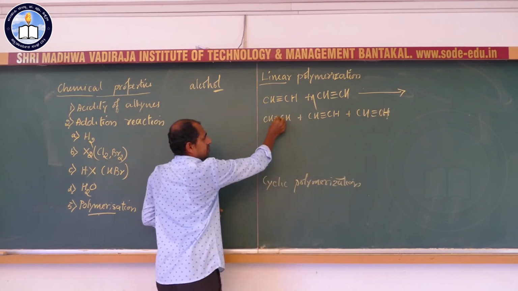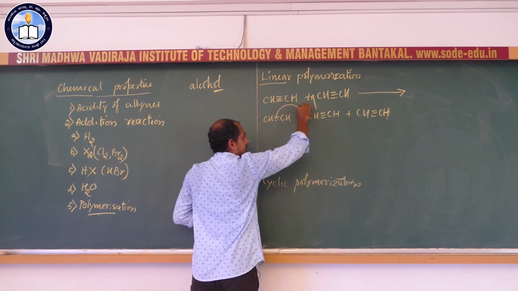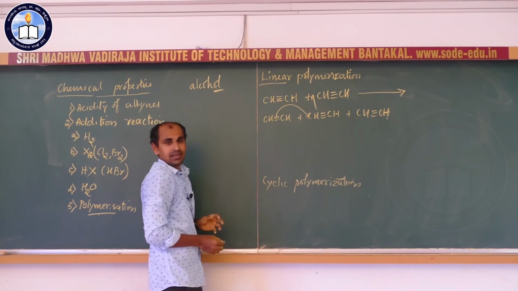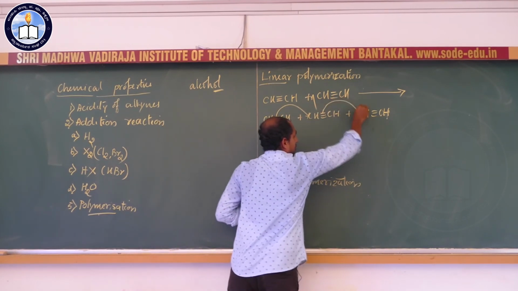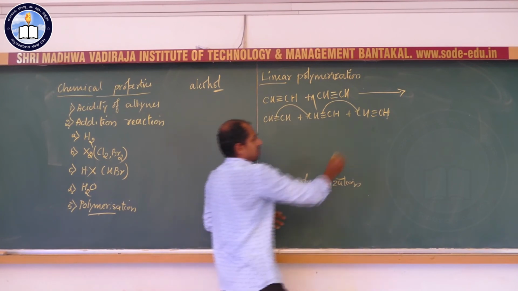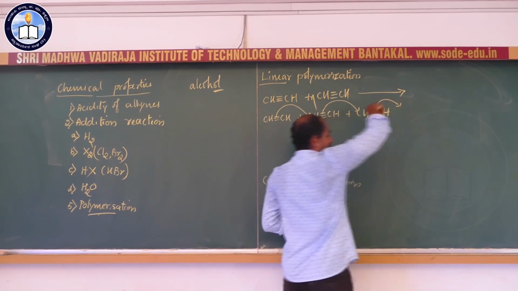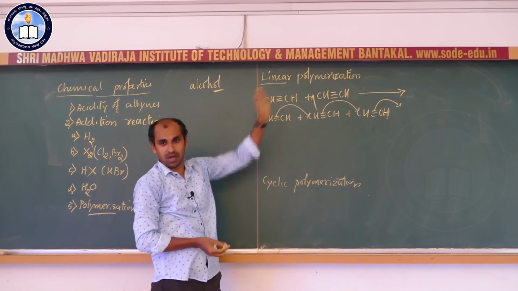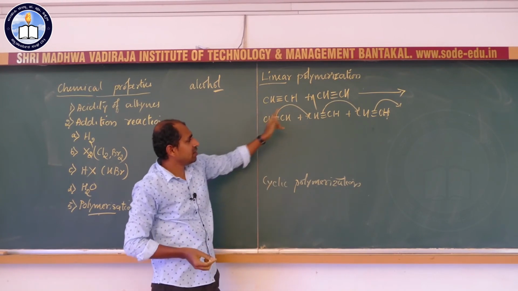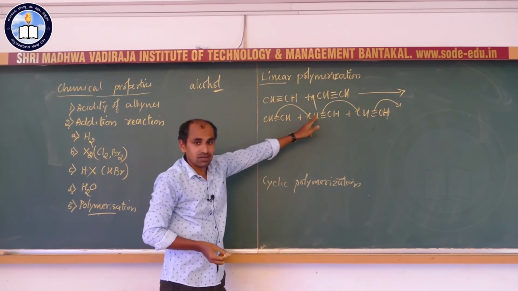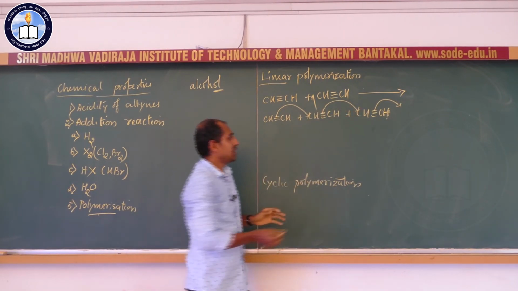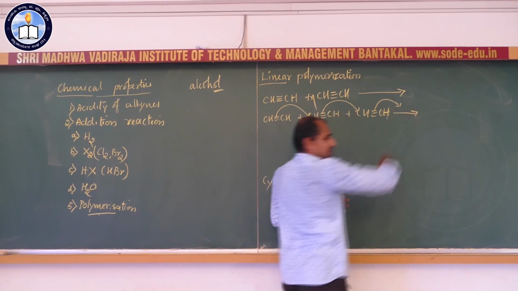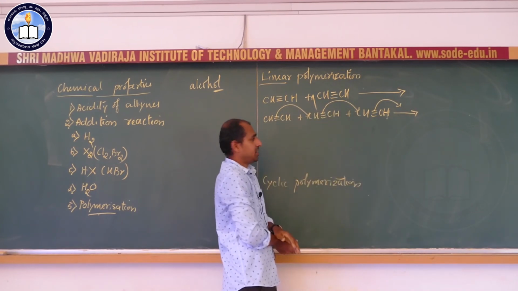One of the pi bonds attacks a neighboring ethyne molecule. As a result, this pi bond attacks the next ethyne molecule, and so on. In this way, one ethyne molecule joins with another one, which again joins with a third one. Likewise, we get a macromolecule called a polymerized molecule.